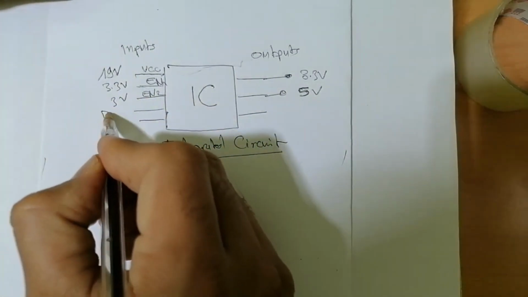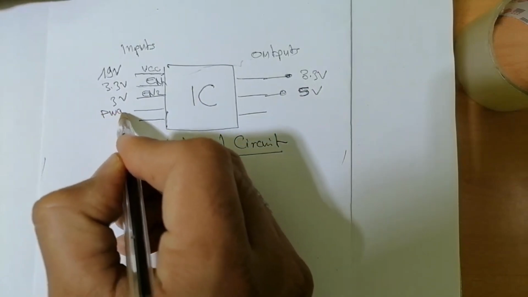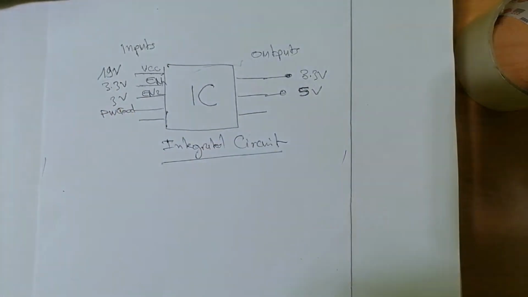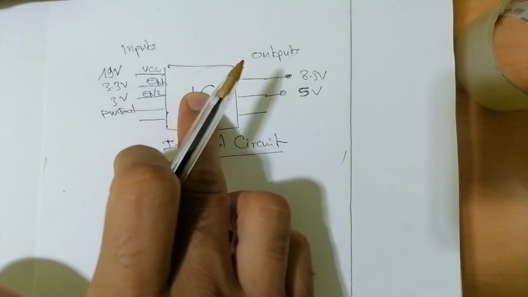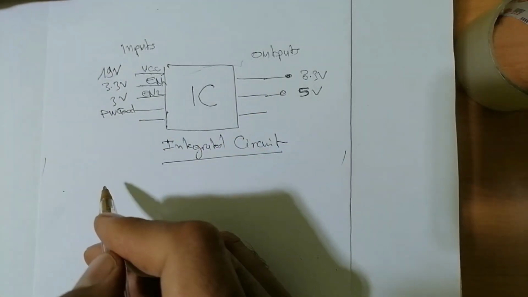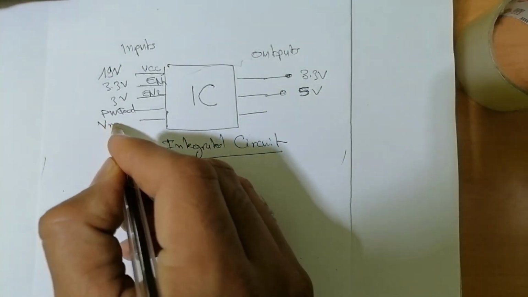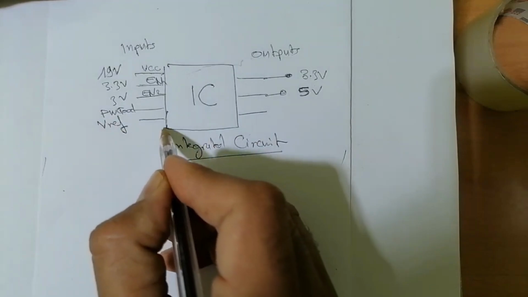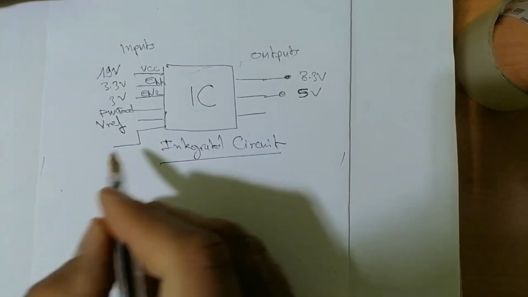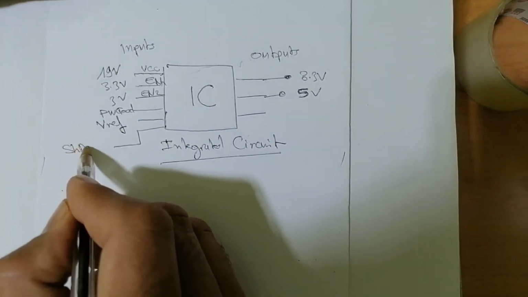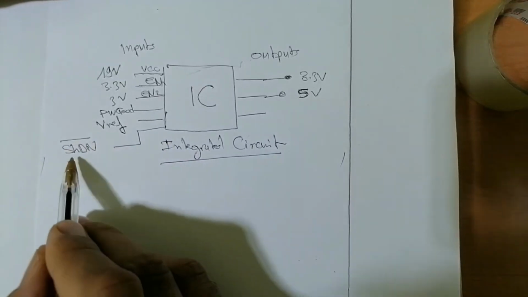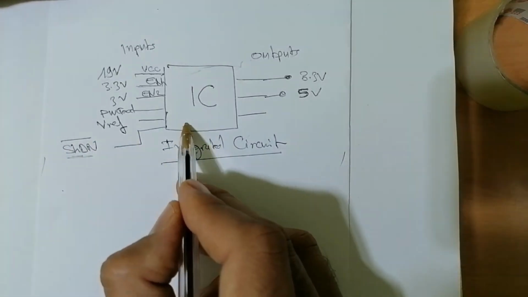Also, the IC needs the power good signal, and other signals like V reference, and also other signals like the shutdown signal. Basically this signal is to protect the IC.